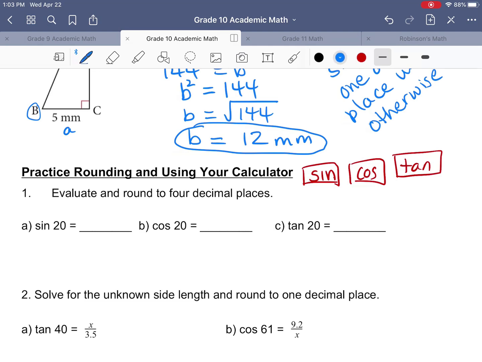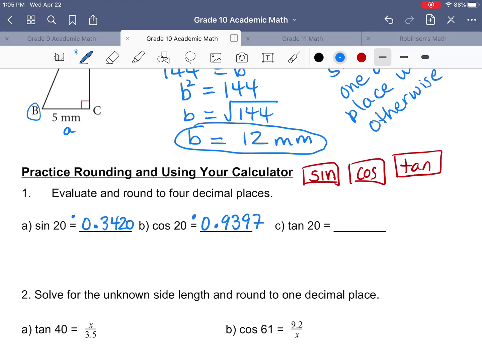So sine 20 is going to give us approximately 0.3420 if we round to 4 decimal places. Okay, let's do part B. We have cos 20 here, and that is equal to approximately 0.9397. And lastly, we have part C, which is tan 20.